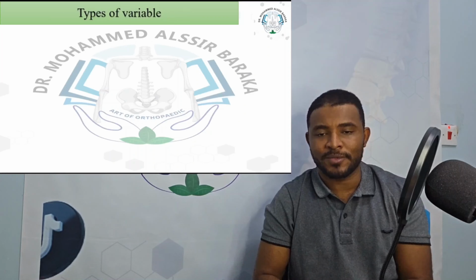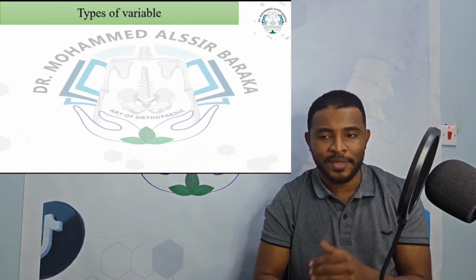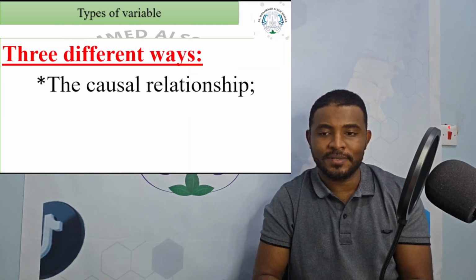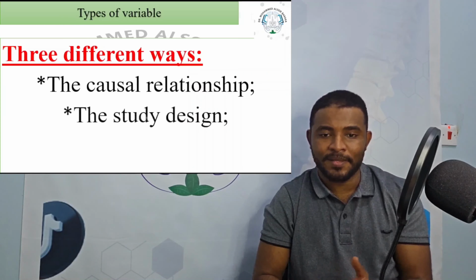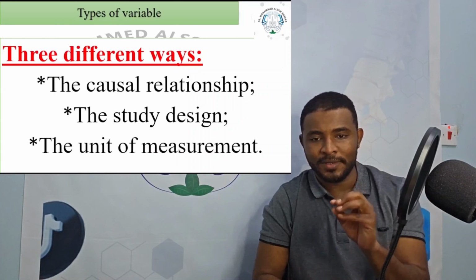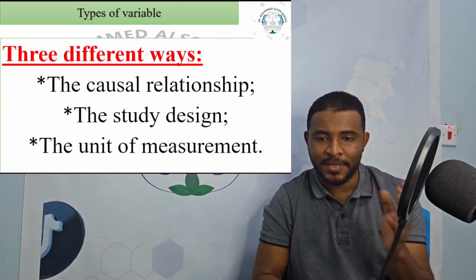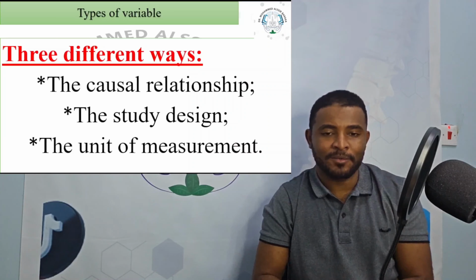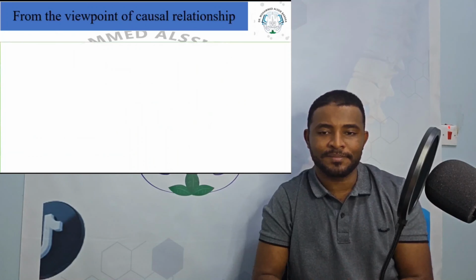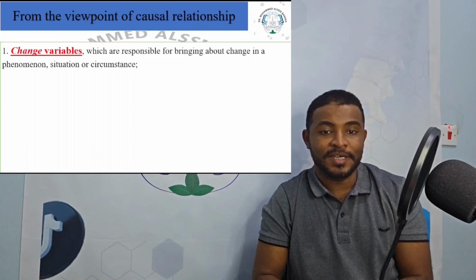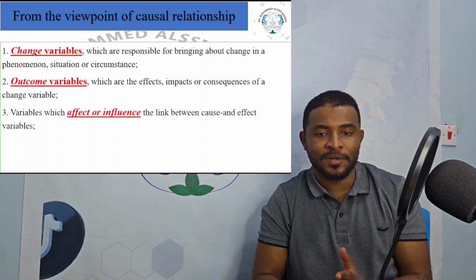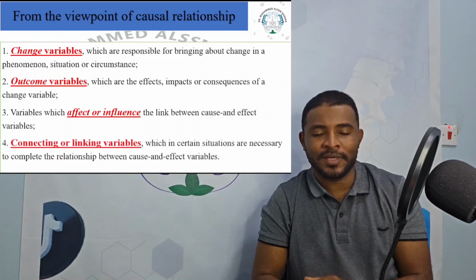What are the types of variables? We have many types of variables from many points of view. There are three different ways: causal relationship, study design, and unit of measurement. According to these ways, we have many types of variables. From the viewpoint of causal relationship, we have change variables and outcome variables, then effect or influence variables, and connecting or linking variables.